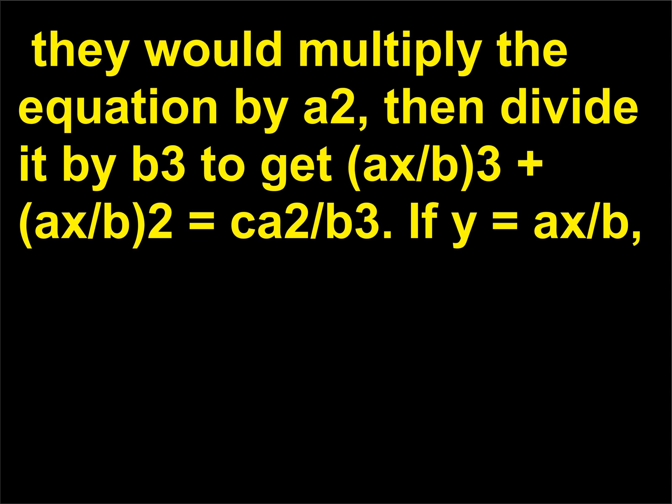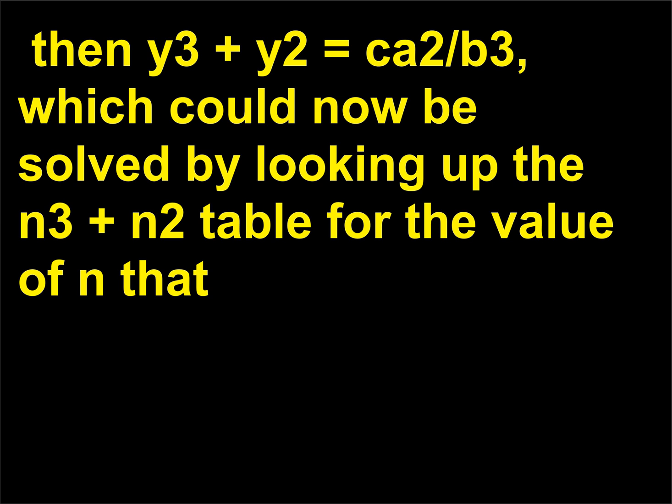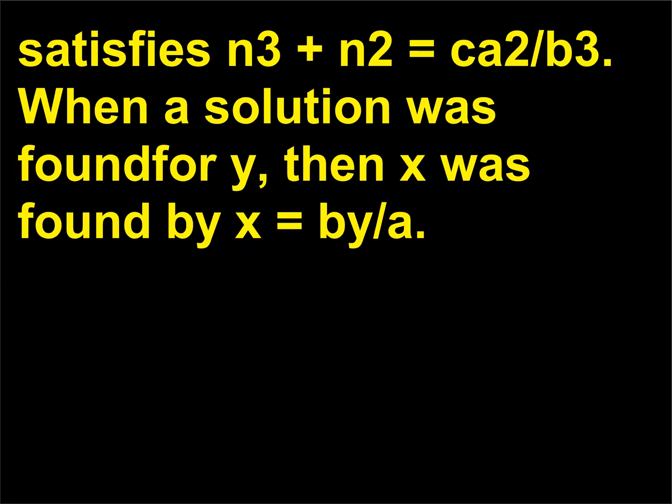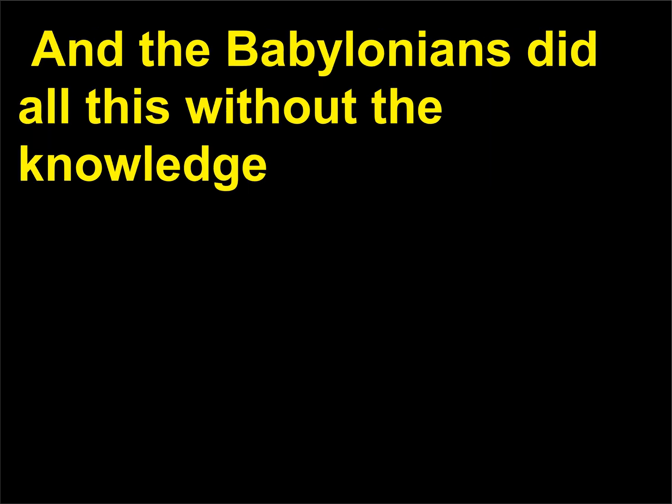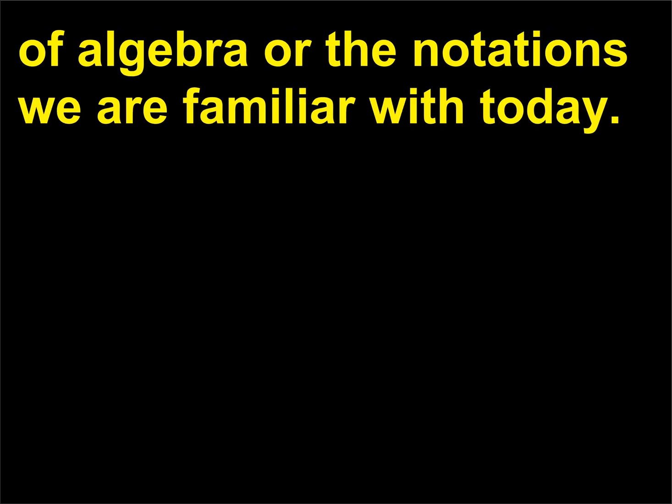If y equals x/b, then y³ plus y² equals ca²/b³, which could now be solved by looking up the n³ plus n² table for the value of n that satisfies n³ plus n² equals ca²/b³. When a solution was found for y, then x was found by x equals by/a. And the Babylonians did all this without the knowledge of algebra or the notations we are familiar with today.